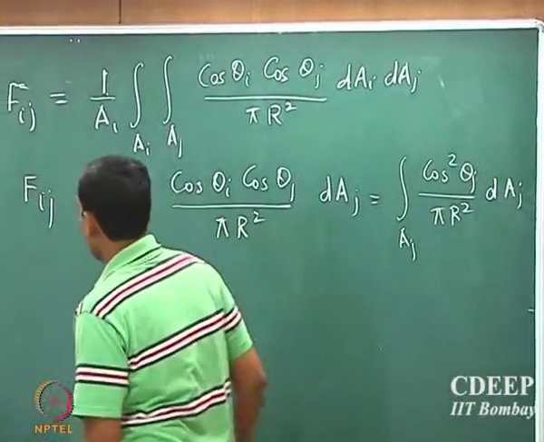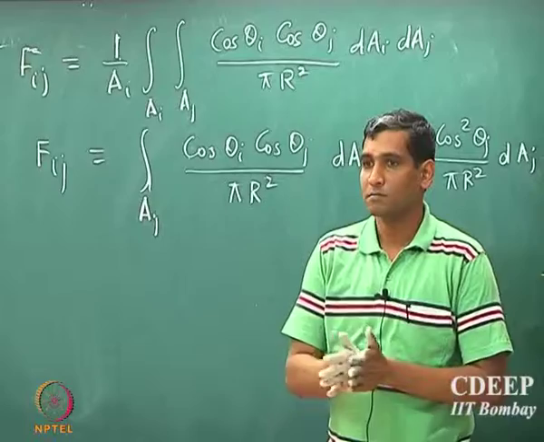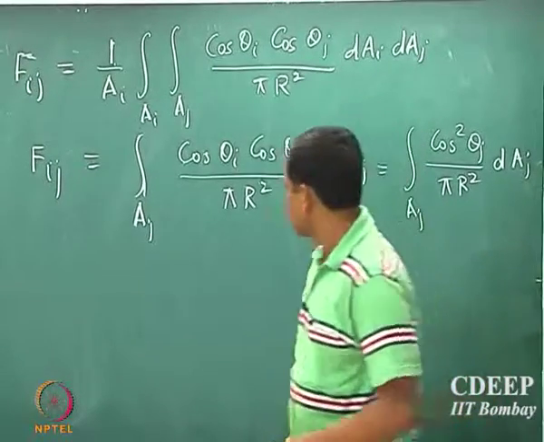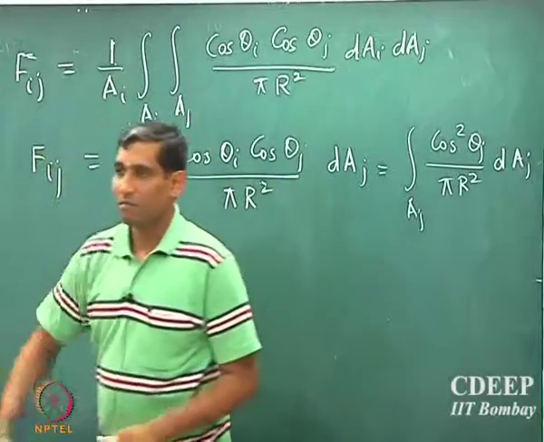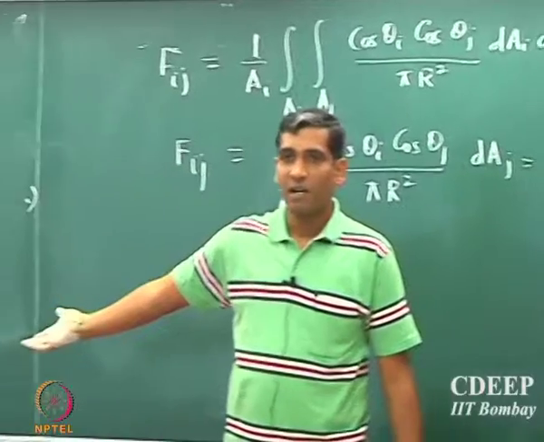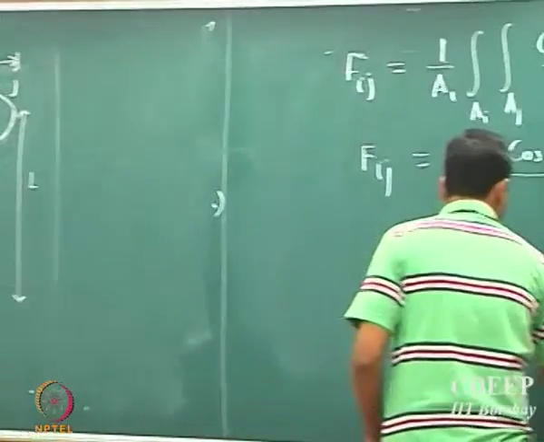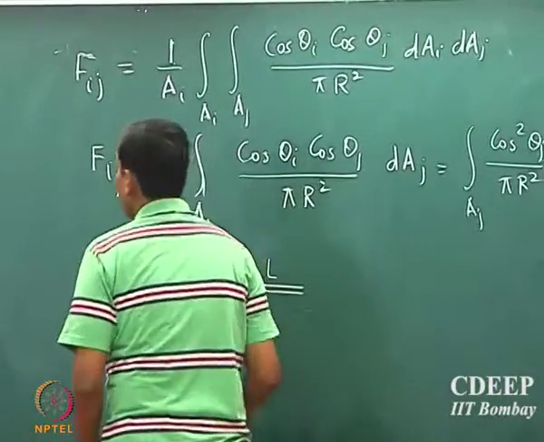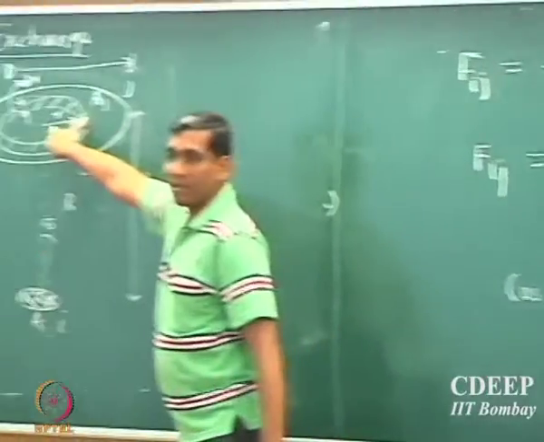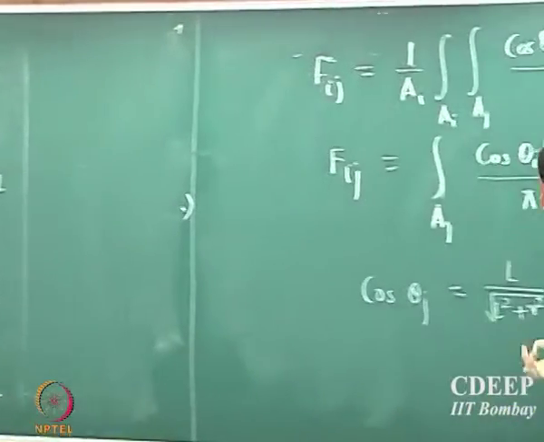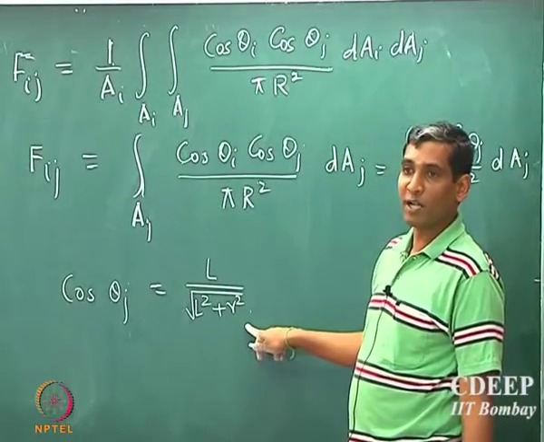What is cos theta j? Look at the geometry, it is L by the hypotenuse, which is square root of L square plus R square, so cos theta j is L by square root of L square plus R square.